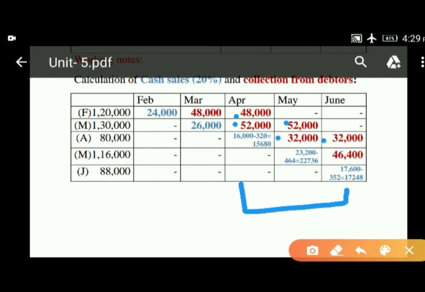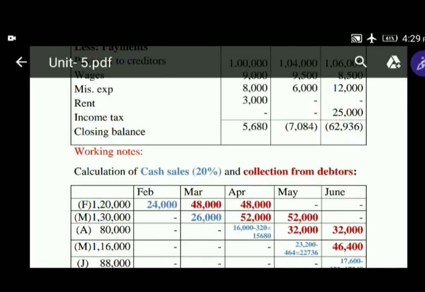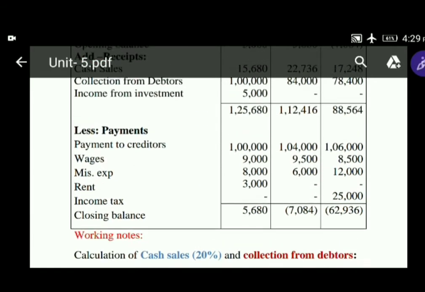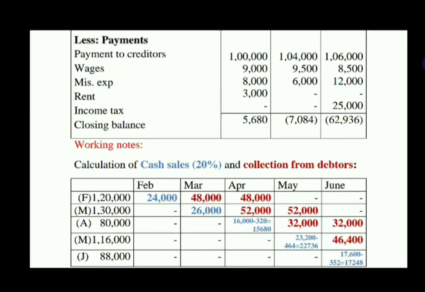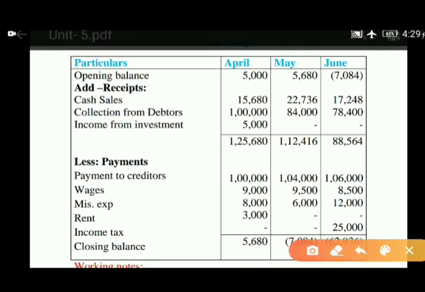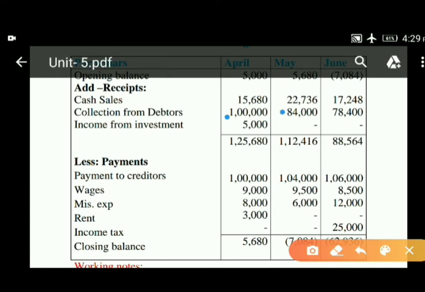So these are the collection from debtors: 1 lakh, 84,000 and 78,400 according to our calculation.